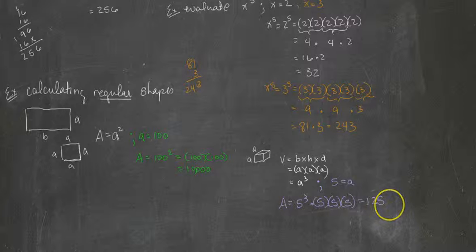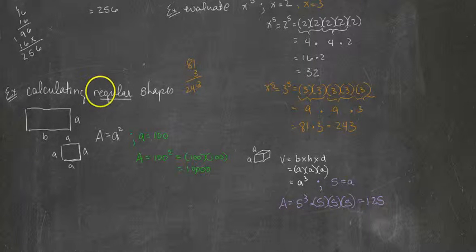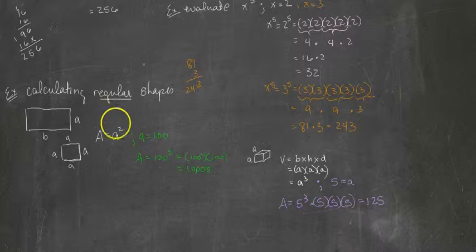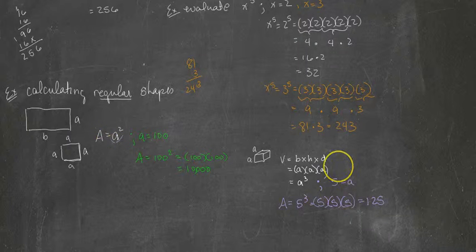So 125 would be the volume of that cube. So regular geometric shapes often have solutions that involve using powers and exponents.